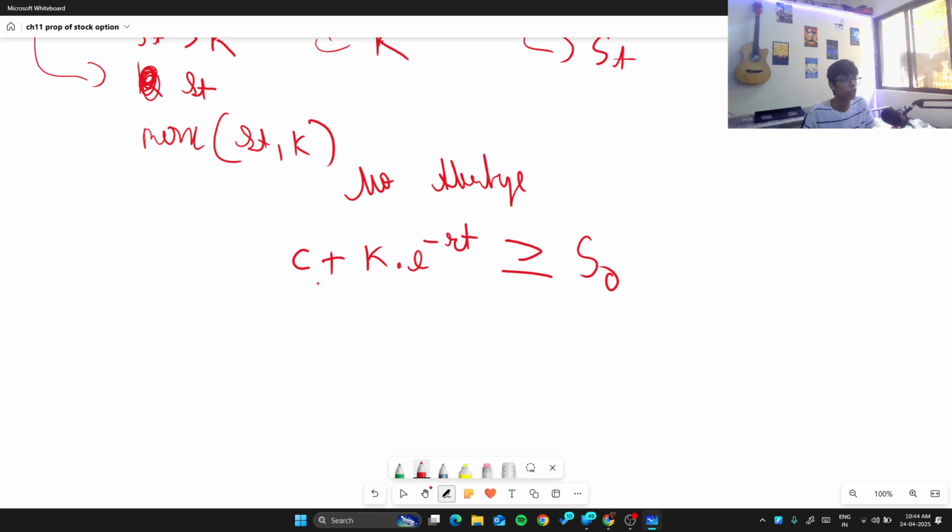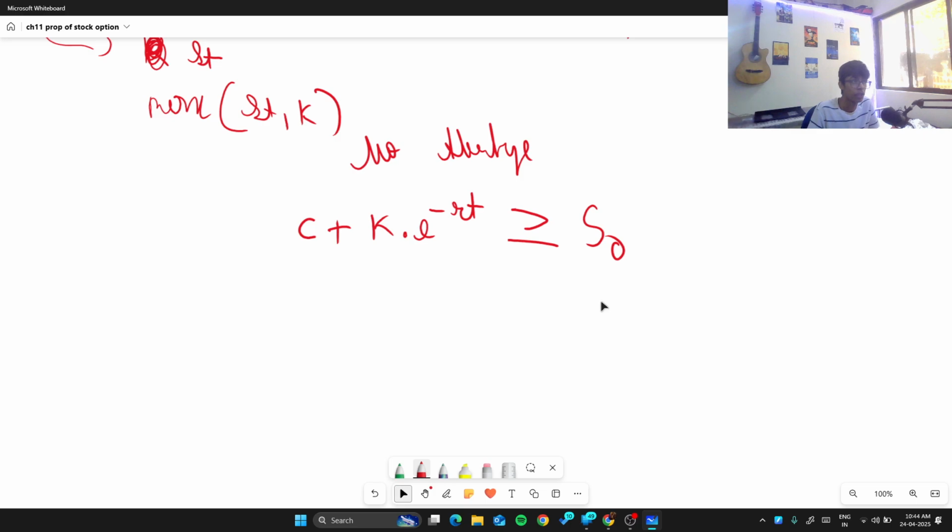There are two components in that. It could be greater than or equal to S0, but could not be less than it, right? So if we rearrange this equation, the call is greater than S0 minus K·e^(-rT).